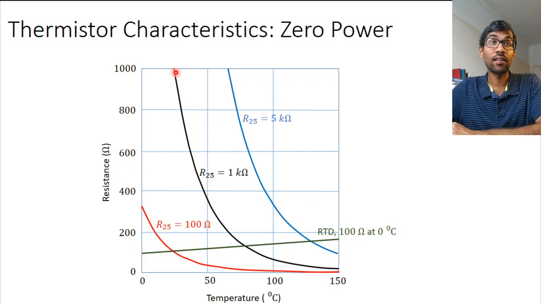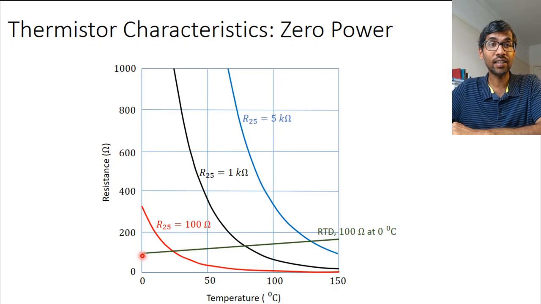Okay, so let's look at this characteristic in a little bit more detail. As I said, they are highly nonlinear and the resistance decreases as the temperature increases. You could compare this with this characteristic in green, which is the characteristic for a resistance temperature device. You would have a similar characteristic for a positive temperature coefficient thermistor as well.